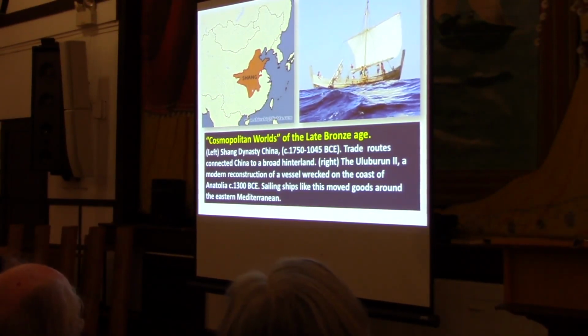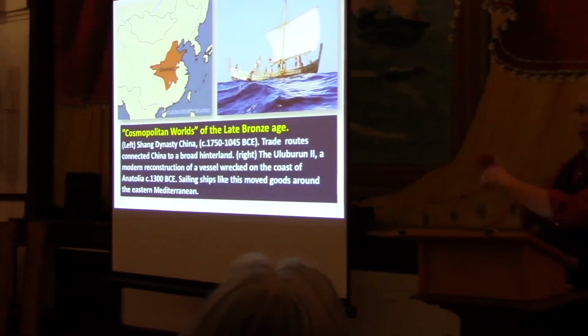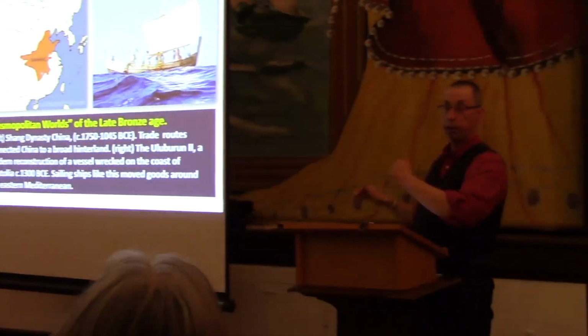Ships like this, a beautiful reconstruction from the Turkish coast, trading throughout the eastern Mediterranean, olive oil, wine, all kinds of other products. I don't have a specific illustration, but trade from Mesopotamia, from the Persian Gulf, along the coast to India, back and forth in the Indian Ocean.